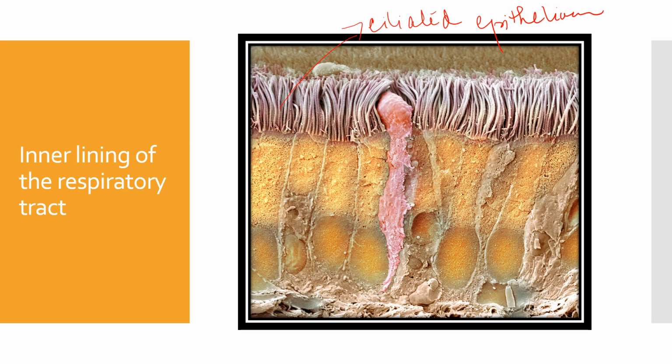These cilia are constantly in motion, and whenever a foreign particle like dust enters the respiratory tract, the tract also has mucus cells which capture it. The beating cilia constantly drive this mucus out towards the mouth or the nasal cavity. So these mucus cells capture the dust and foreign particles and constantly clear the tract.